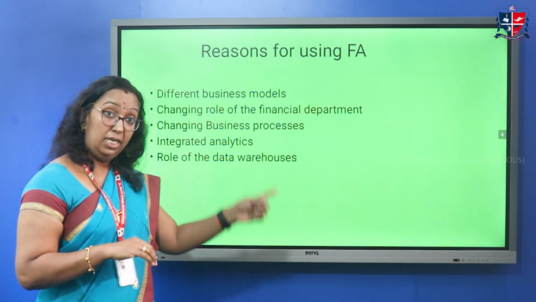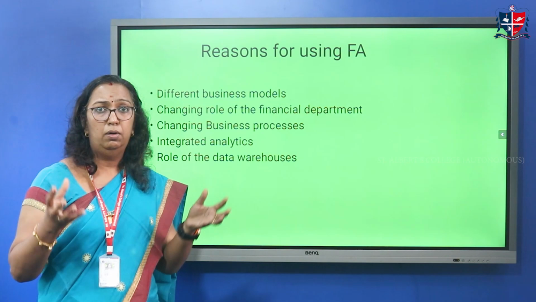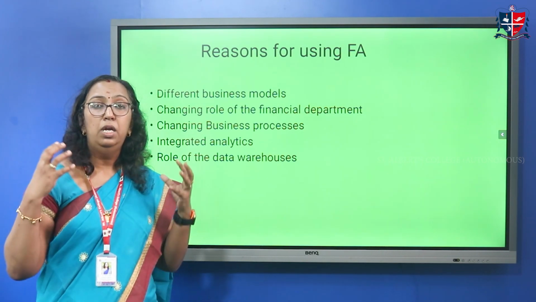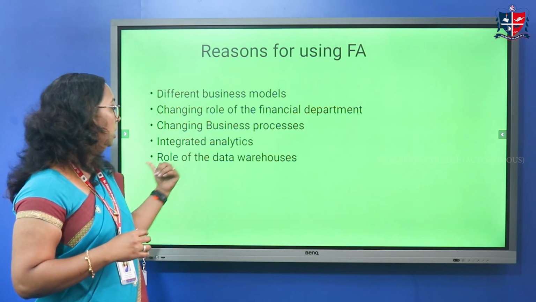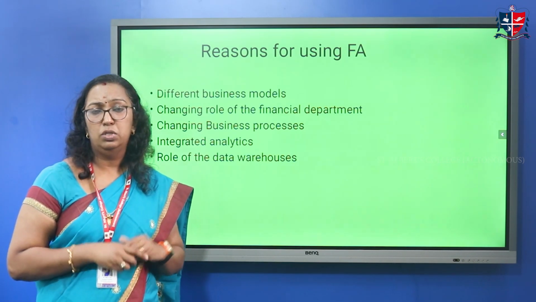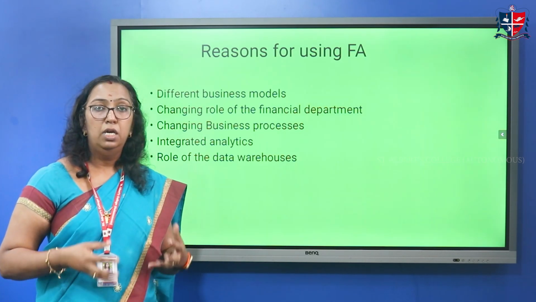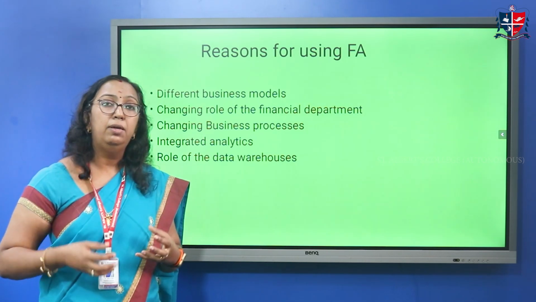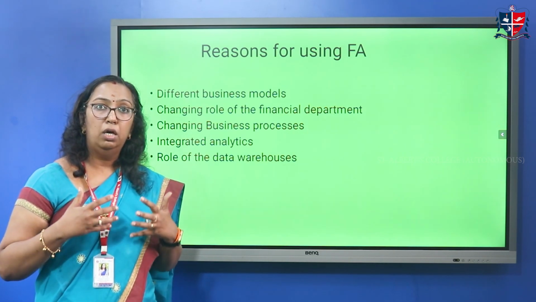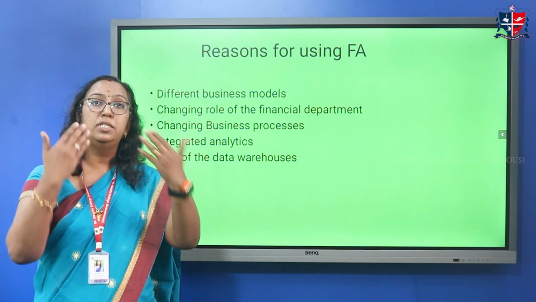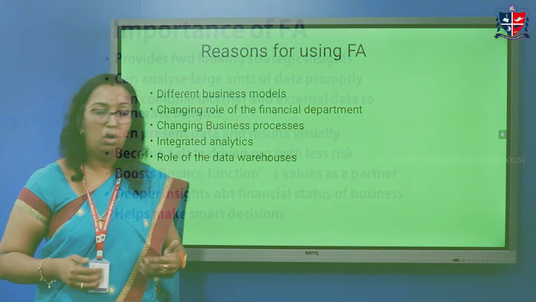Then, integrated analytics: in integrated analytics, you get your ideas from different perspectives, and you get to know where exactly your money is going. Then the role of data warehouses. In every business unit, they create data enormously, every second. With the help of that big data, you can move a step further to understand the pulse of your organization.